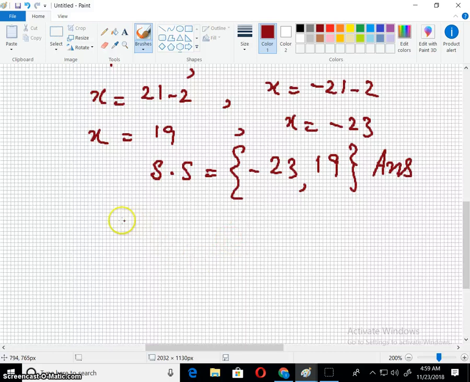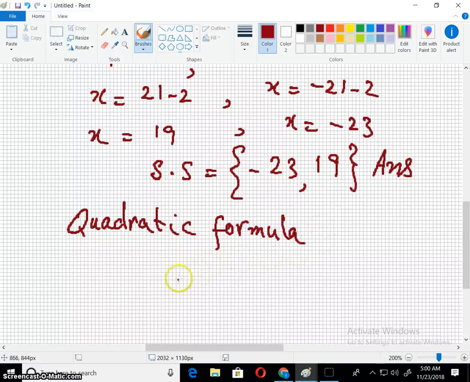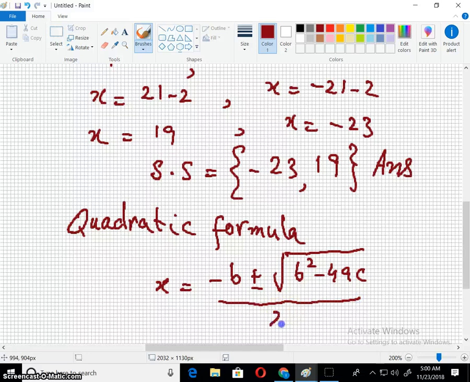And lastly, we have the quadratic formula. The quadratic formula is x equals negative b plus minus square root of b square minus 4ac over 2a.